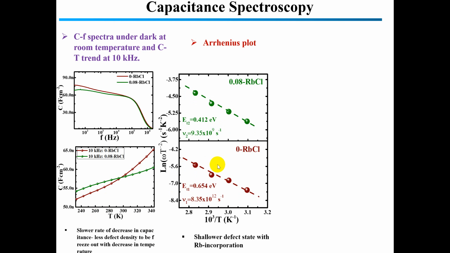For the pristine one we found the deeper defect, but for the device with the rubidium incorporation, the defect has been shallowed, close to 0.41, as you can see here. The defect has been passivated or shallowed.